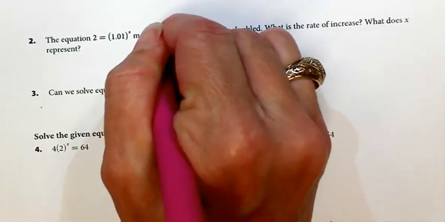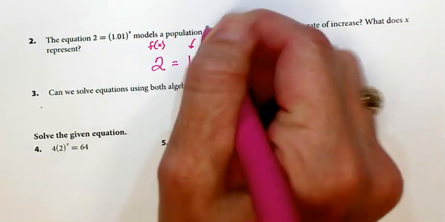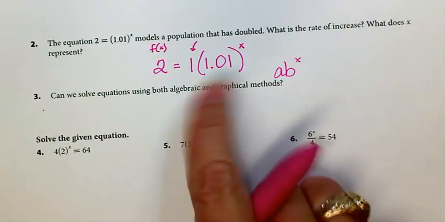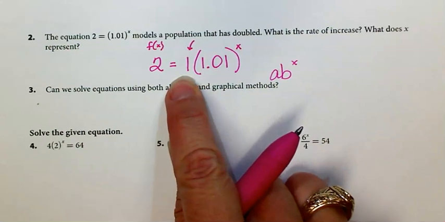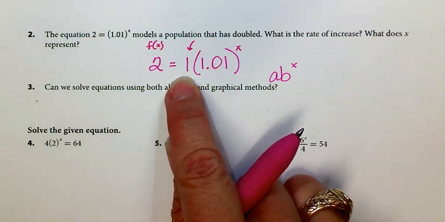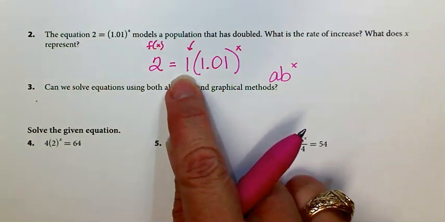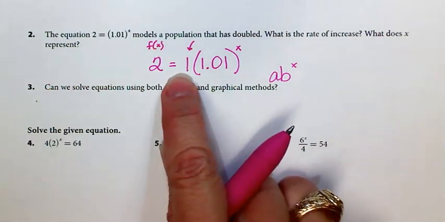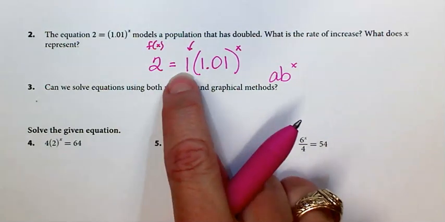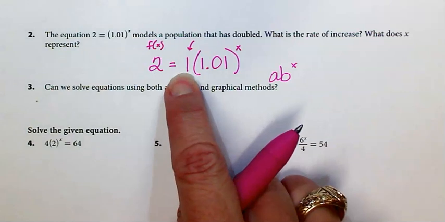Remember, this is like f of x equals a b to the x, where your a is your value at time equals 0 or before, your value when x is 0, okay? So really, I could do this as long as I have a number here that's double what the a number is, okay?